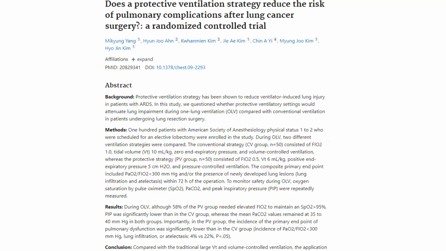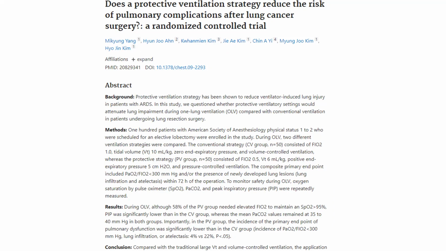So this is another study on whether protective ventilation reduces the risk of pulmonary complications after lung cancer surgery. It is a randomized control trial. In the protective ventilation group, they used a tidal volume of about 6 ml per kilo with a PEEP of 5 and FiO2 of 0.5 with pressure control ventilation.